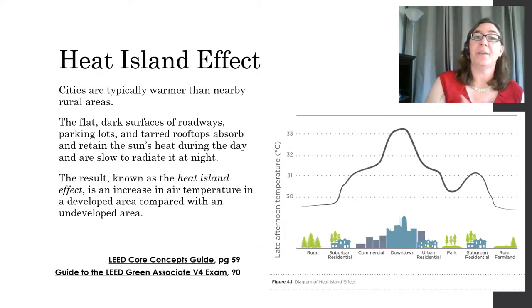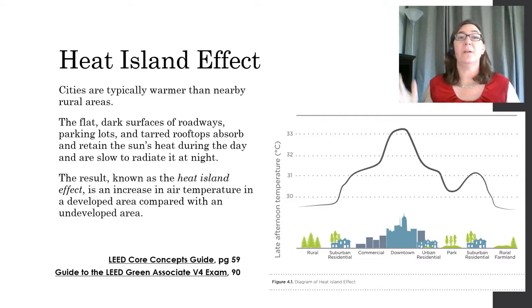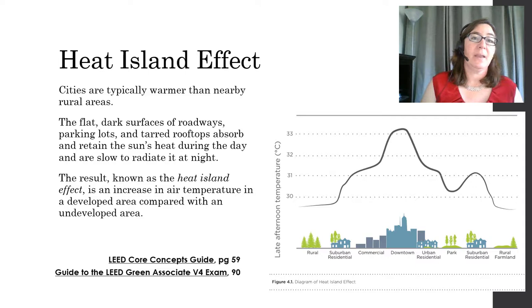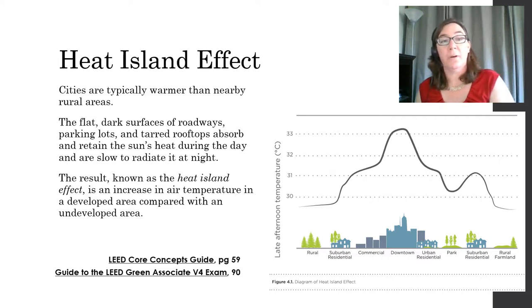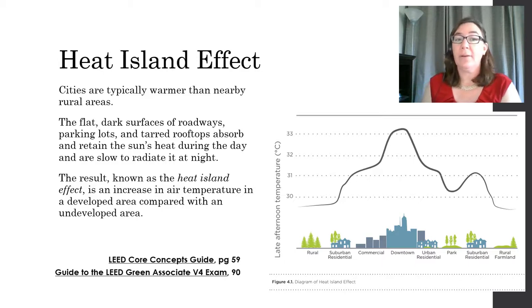The third factor in the sustainable sites category is called the heat island effect. And it turns out that cities are typically warmer than nearby rural areas by several degrees. Why is that? It's because we have lots of roads, parking lots, and tarred or asphalt roofs.